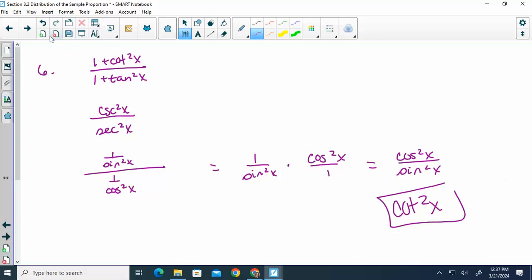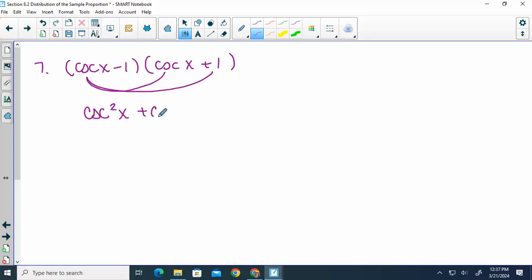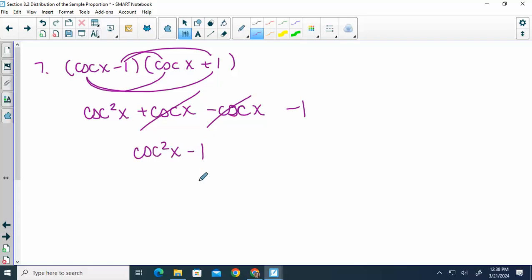Okay. So we have cosecant x minus 1 times cosecant x plus 1. So if you multiply, cosecant times cosecant would be... plus cosecant x... these cancel. We have cosecant squared x minus 1.